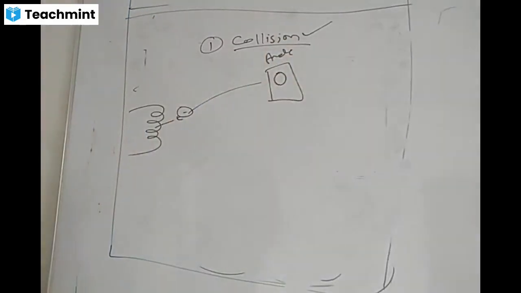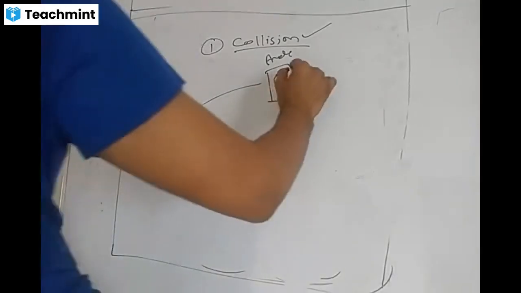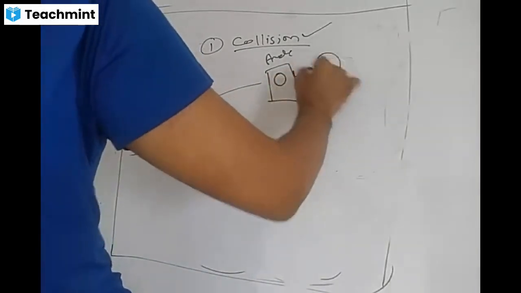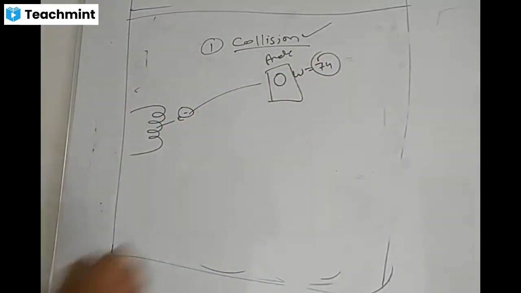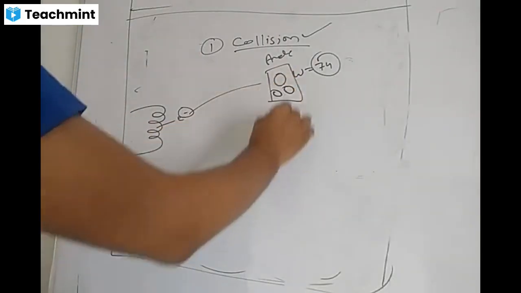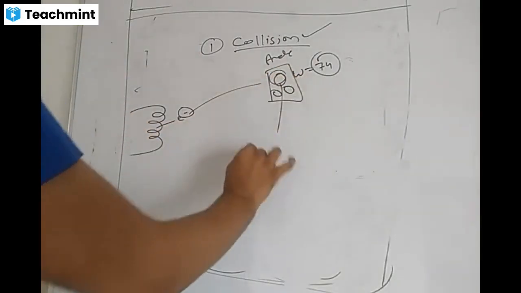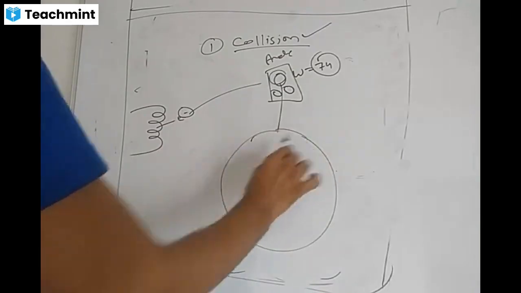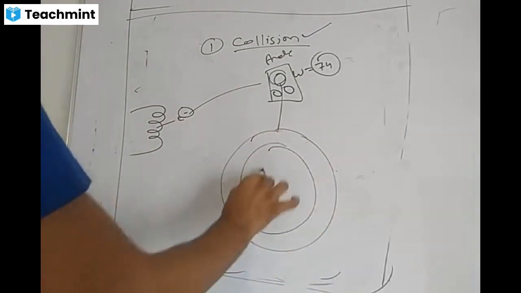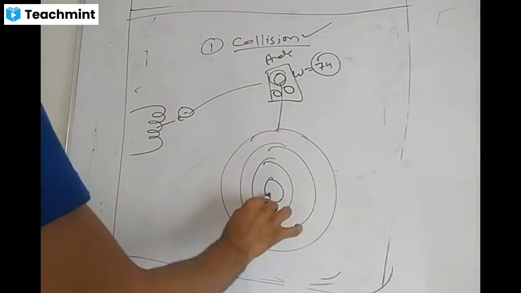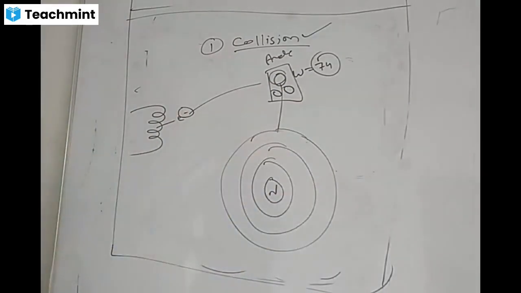The anode is made up of atoms, the tungsten atom, W, atomic number 74. So if these are many atoms, if I bring one atom out and we start studying the interaction, this is the nucleus and these are the shells.